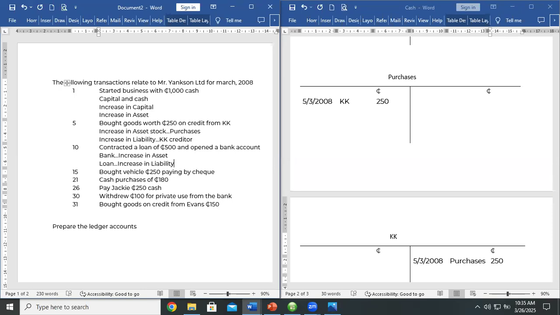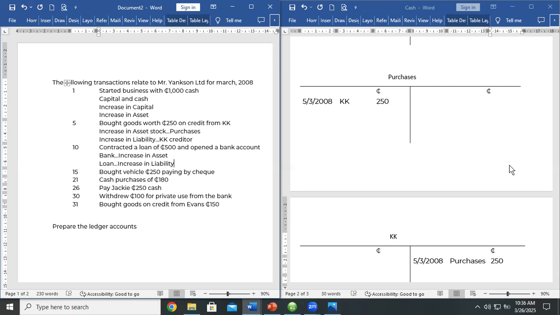Your bank is getting more money, so bank is increasing, and bank is an asset. So we debit bank, and the loan liability is also increasing, so we credit the loan account. Anytime you take a loan, you credit your loan and you debit your bank if the money was put in the bank, or you debit your cash if the money was received in cash.